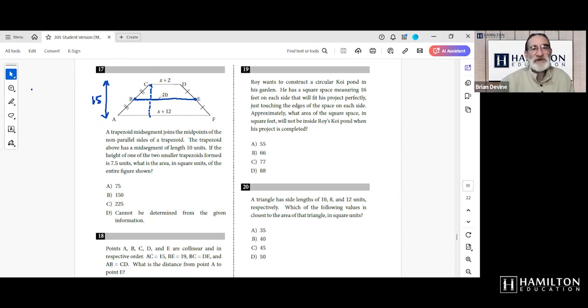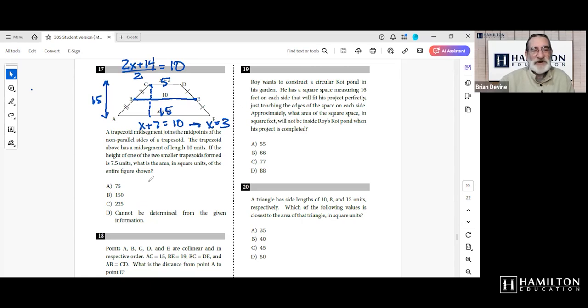But here we know for a fact that if I take x + 2 plus x + 12, that's 2x + 14, and divide that by 2, that's got to equal 10. So x + 7 = 10 tells me that x = 3. So the parallel sides are 15 and 5.